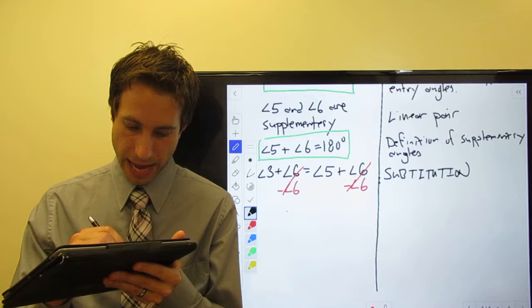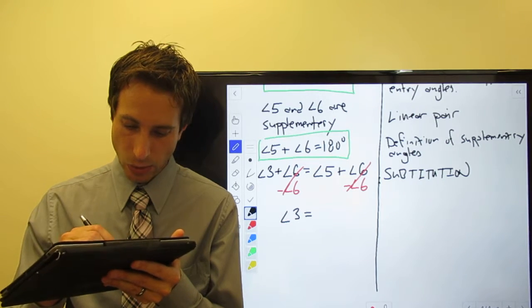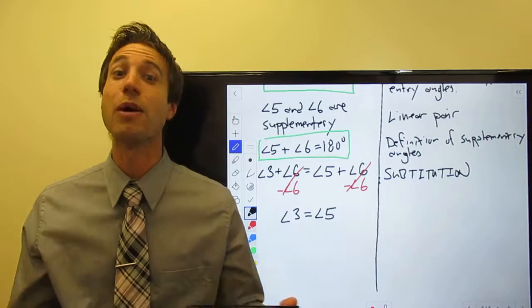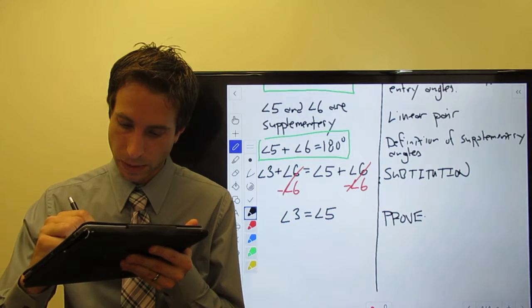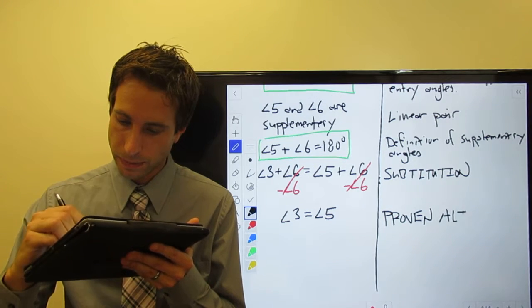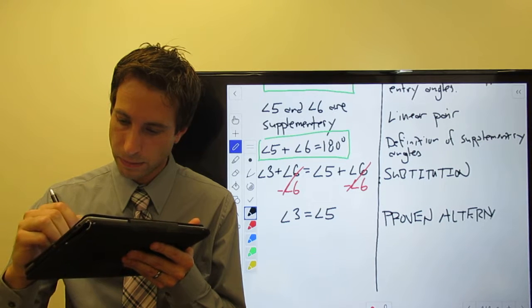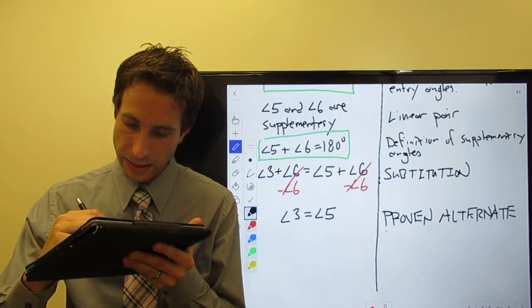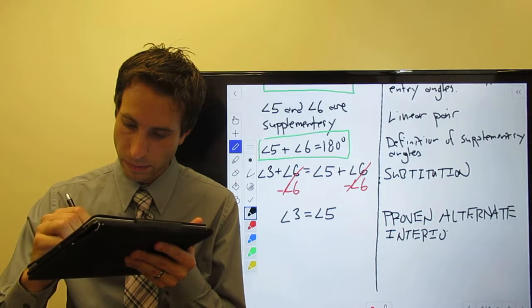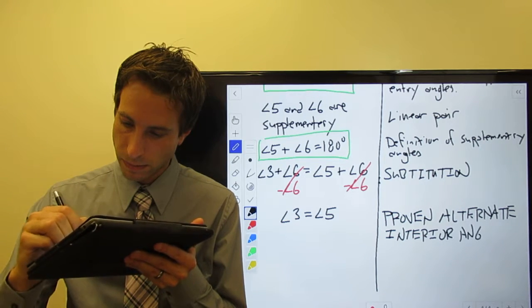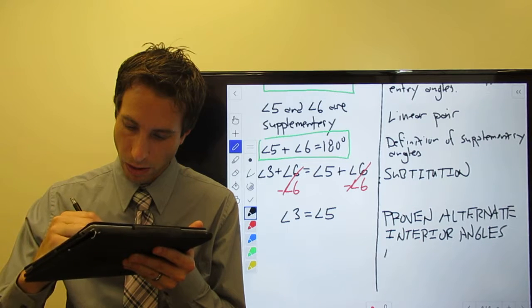I'm left with angle 3 is equal to angle 5, and what I've done is I have just proven alternate interior angles are congruent.